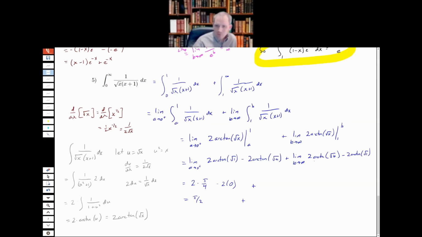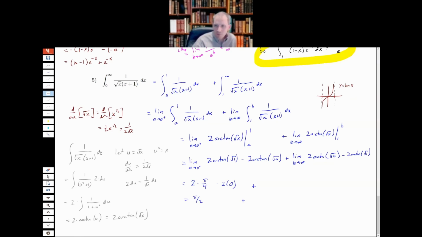And as b goes to infinity, again, it might help to think about what a graph looks like. So this is a graph of one period of y equals tangent x. Arctangent is the inverse. So if I plug in x values, I output y values, and arctangent goes backwards.